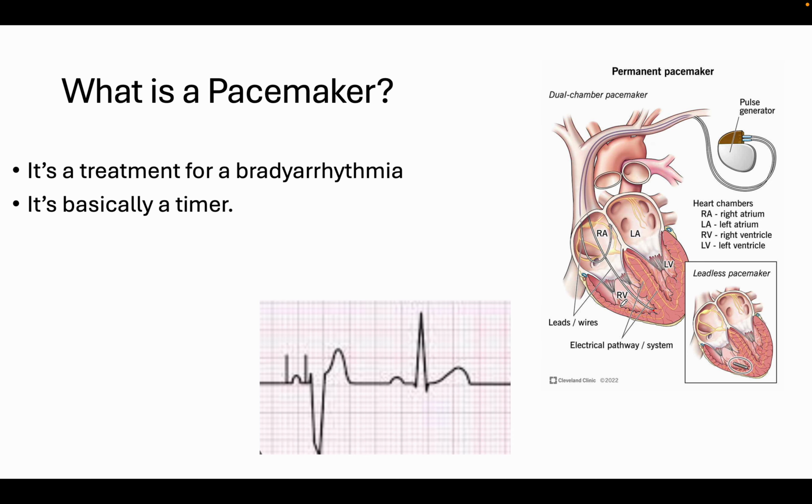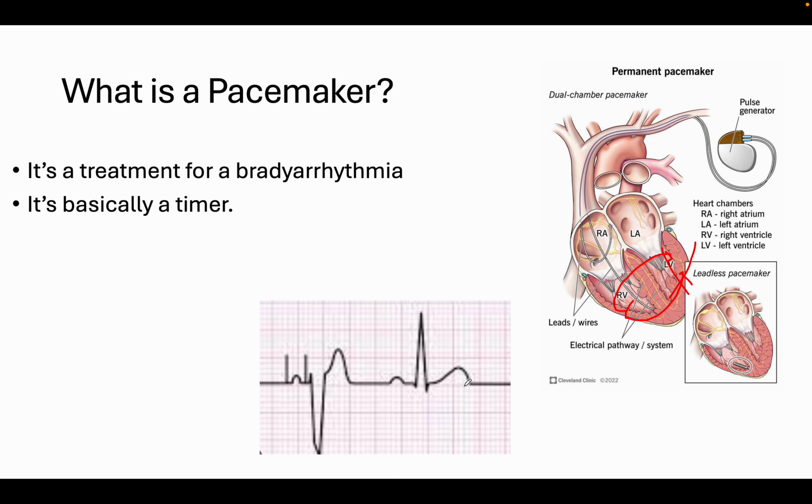Instead, you get the activation of the right bundle first, and this signal has to spread across to the left side of the heart in order to depolarize the left ventricle. So the left bundle is never actually used, so it's iatrogenically blocked, and that's why you see a left bundle branch block morphology.